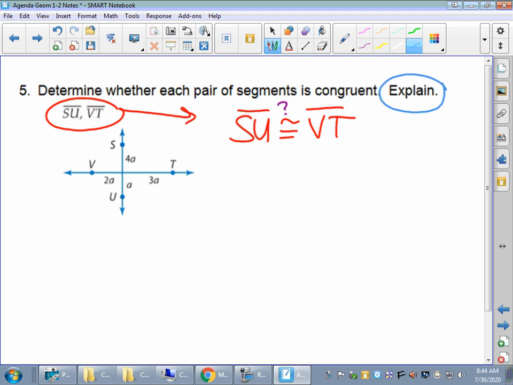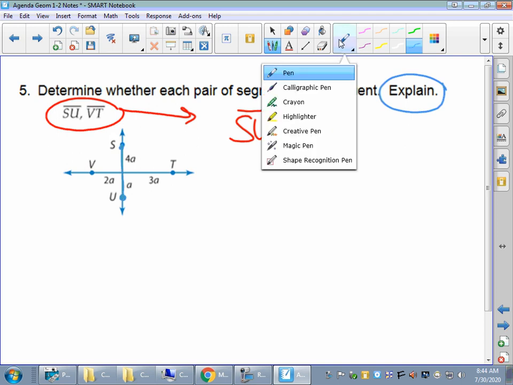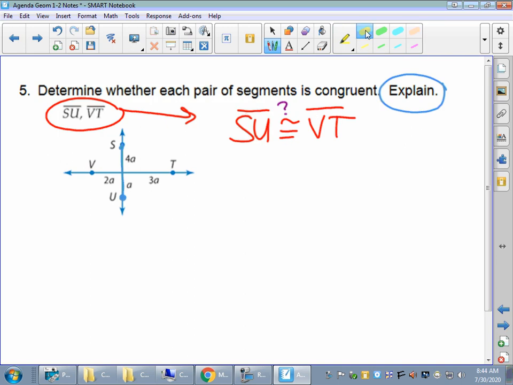So segment SU is from here to here, right? I'll highlight it. What is the length of segment SU? Well, it's S to the intersection, and then the intersection to U. So it looks like it's 4A plus A. What if I want to find the length of VT?